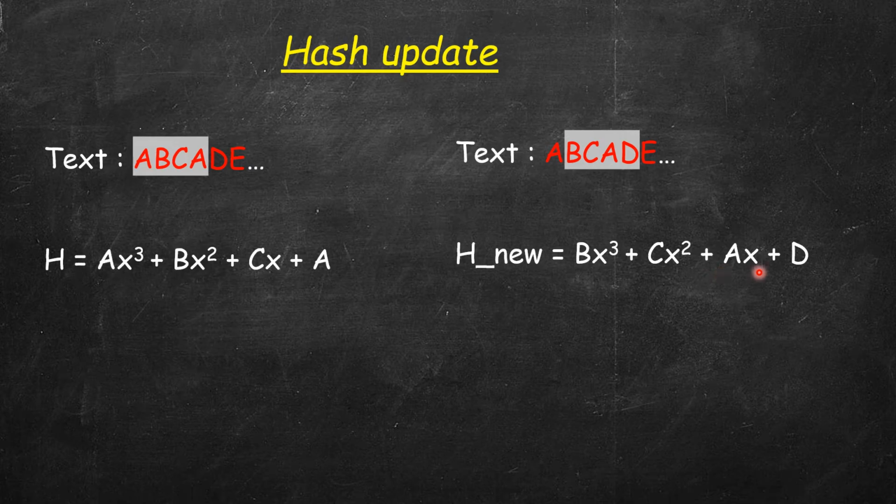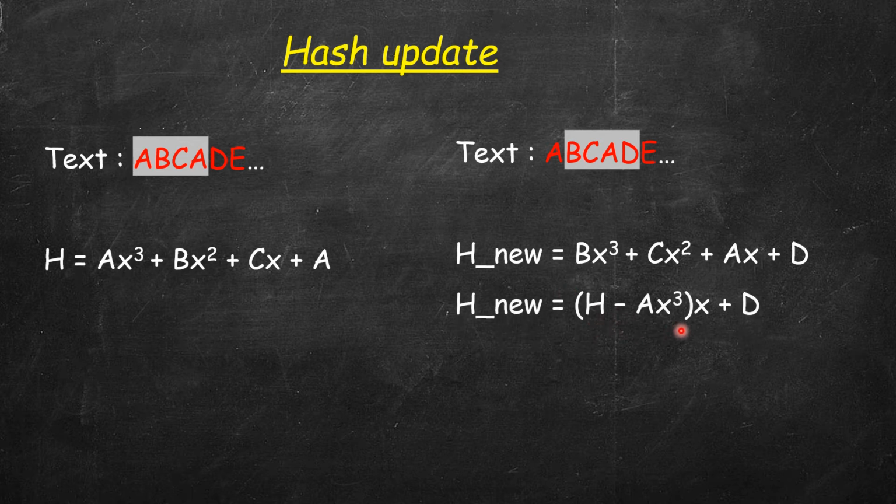So we get the first three terms, and after that just add the newly entered character d. So there are three operations: one subtraction, one multiplication, and one addition, and of course a modulo operation in the end. So it is independent of the size of the pattern. Given h, we can calculate h new in constant time, O(1) time.